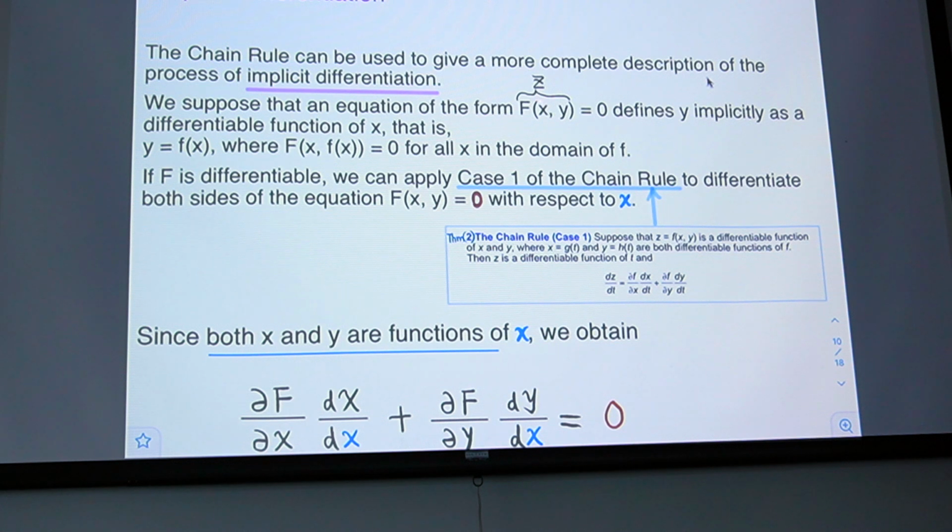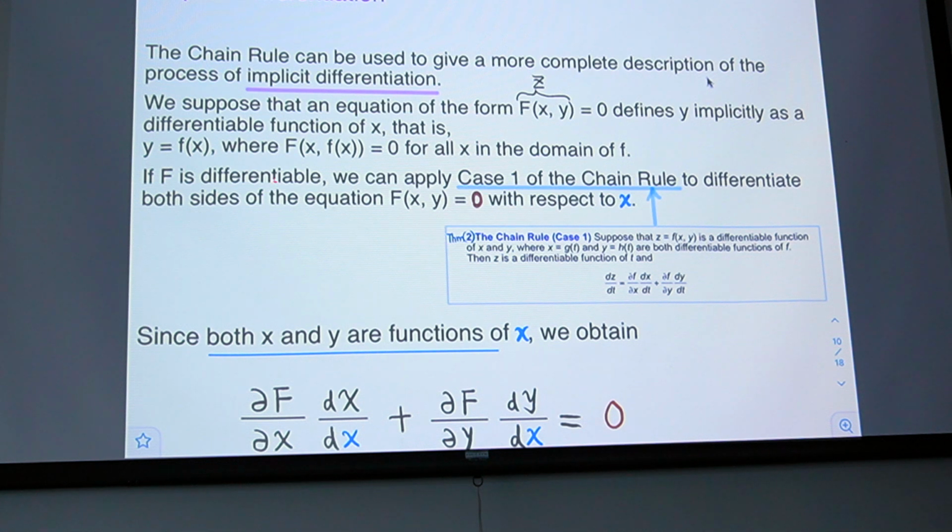So the first and second components are functions of one variable. The first one is the function itself, x. The second one is a function of the variable x. Now we can apply the chain rule, case one.